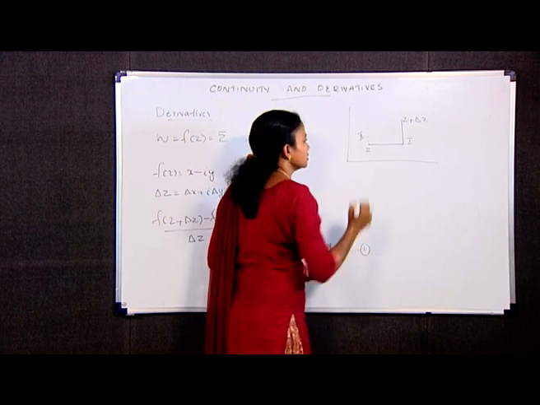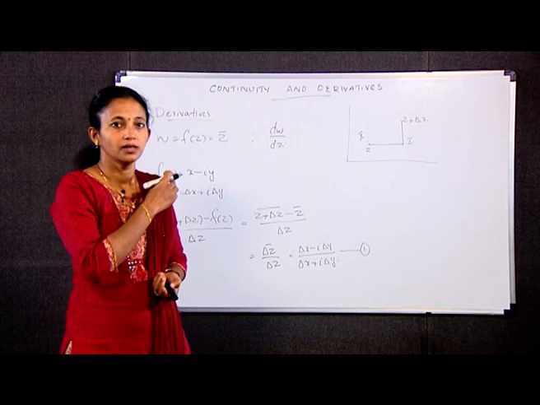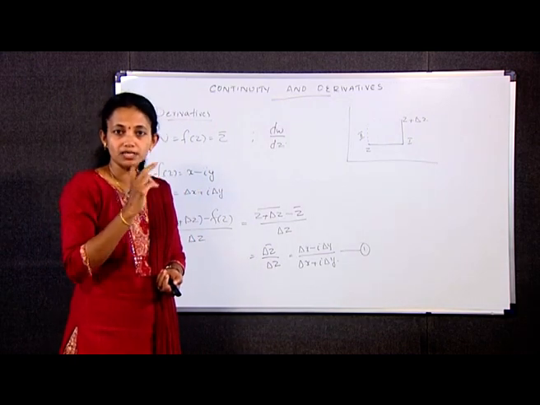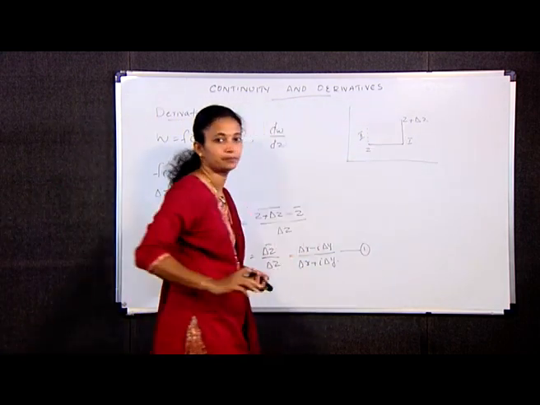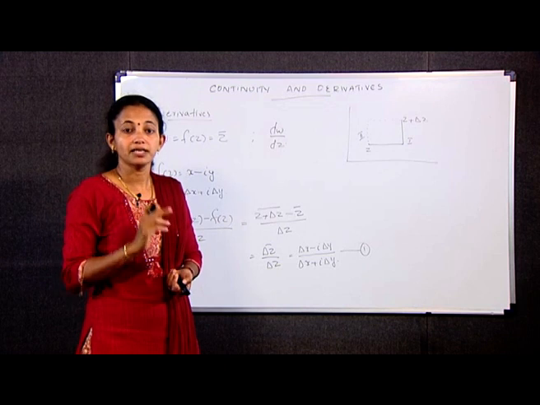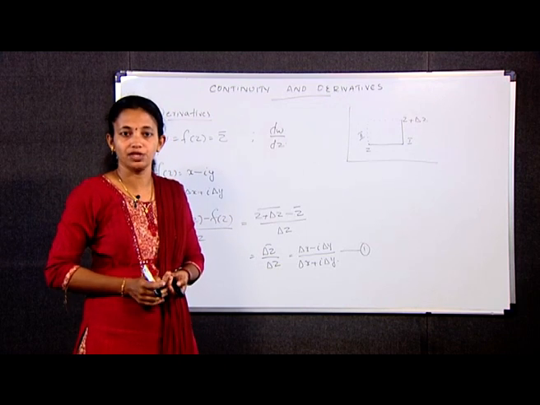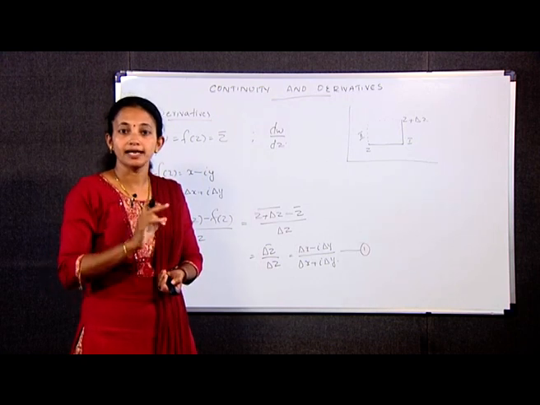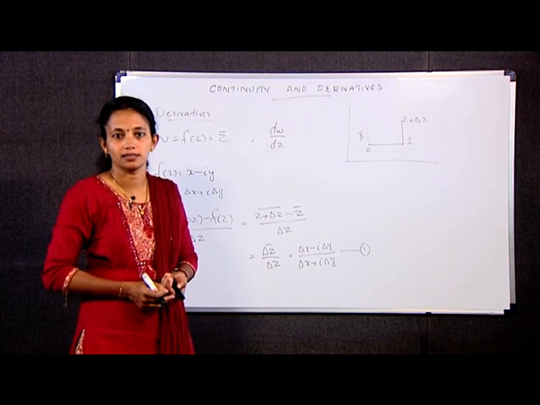This is our path 2. This one approaches plus 1 along path 1, but minus 1 along path 2. Hence, by definition, the limit of the first equation as delta z tending to 0 does not exist at any z.